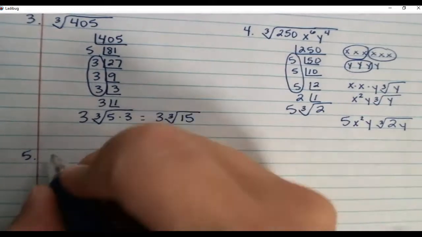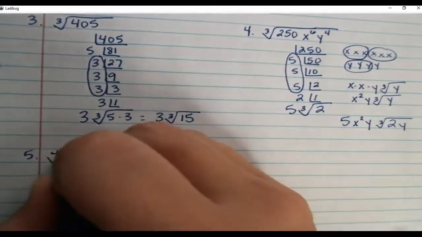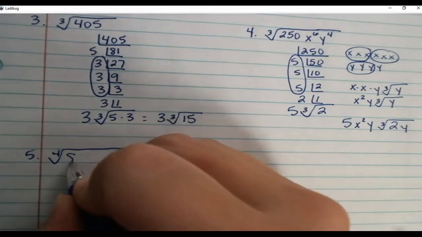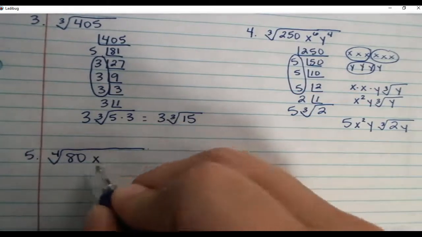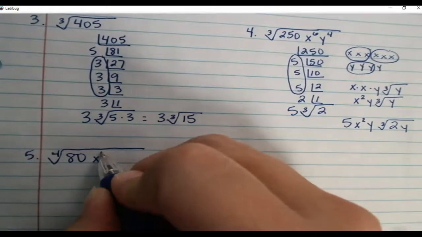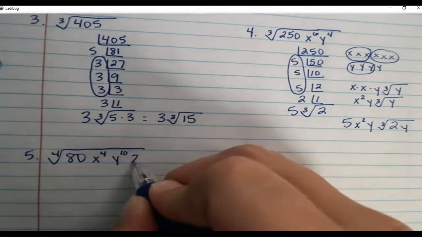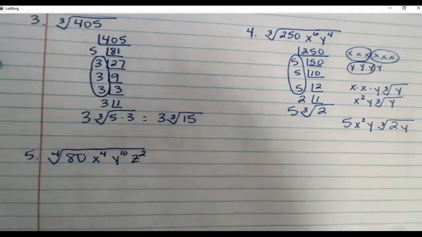Okay. Let's say we had a 4th root of 80 x to the 4th, y to the 10th, z squared.